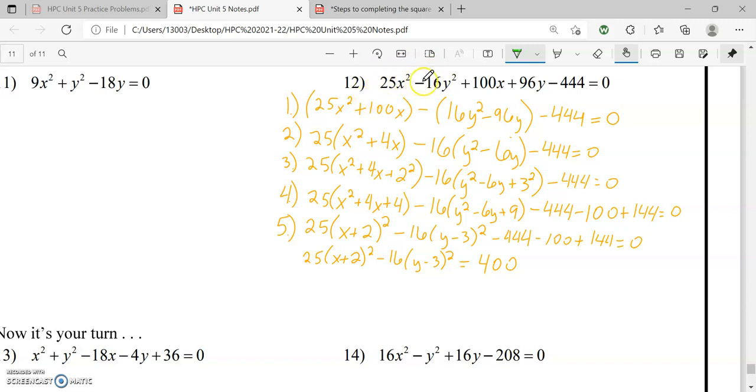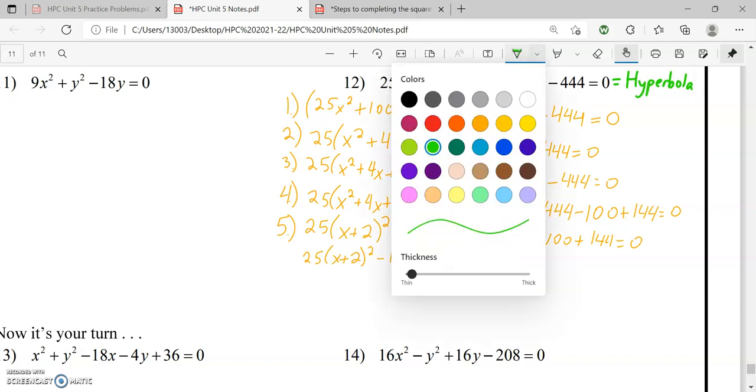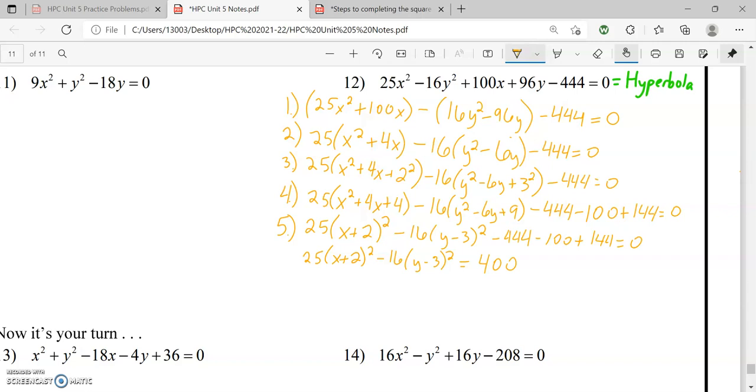It's a positive x squared and negative y squared. So what we have here is a hyperbola. Again, I apologize that I did not start with that. But so we have a hyperbola.